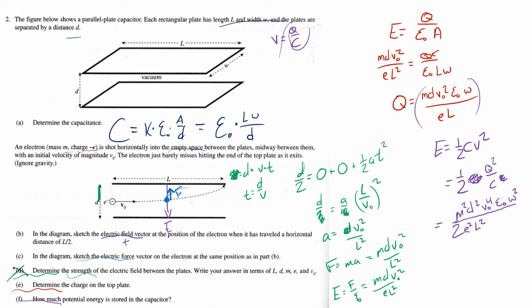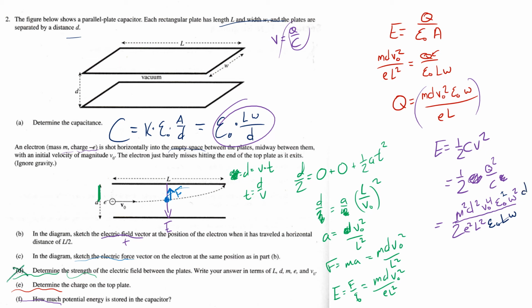Okay, divided by C. Now C is right here. This one's going to be flip-flop because we're dividing by it. So I'm going to write it in a different color so that way I can keep them straight here. So, I forgot to square it on that one. It's just looking at it. So epsilon 0 L W and then D on the top.